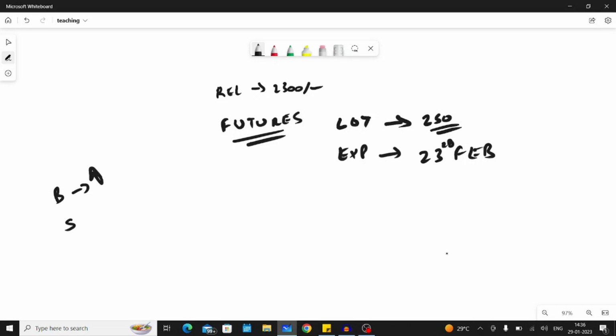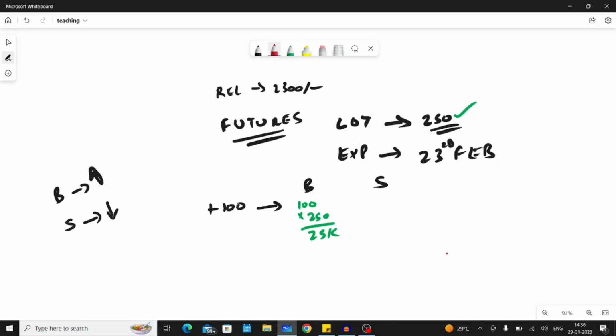The buyer is going to make money when the price is going up, and the seller is going to make money when the price drops down. So let's say the price increases by 100 rupees. What will happen in this scenario? The buyer will make a profit of 100 rupees times the lot size, which is 250, right? So he will make 25,000 rupees.